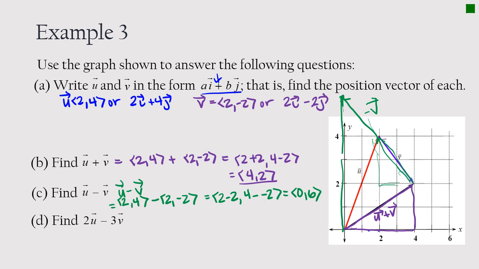Now, if we needed to find 2u minus 3v, I can just use this algebra too. You can totally graph it, but we can go through and say this. So this is going to be 2 times u minus 3 times v.